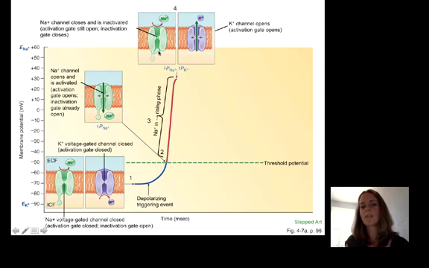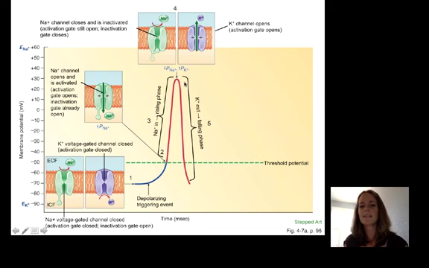Then the sodium channels are going to plug up or inactivate, and sodium will stop moving into the cell. At the same time, the potassium channels, kind of late to the party, will finally open, and potassium will start leaving the cell. As potassium leaves the cell, potassium out creates the repolarization or the falling phase in this graph, which is going back towards -70 towards rest.